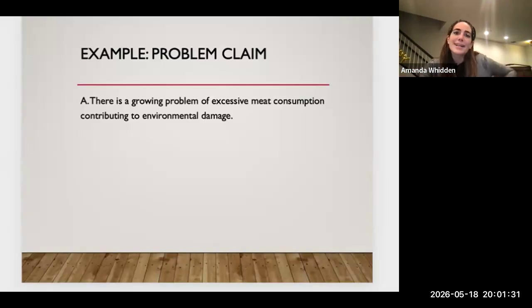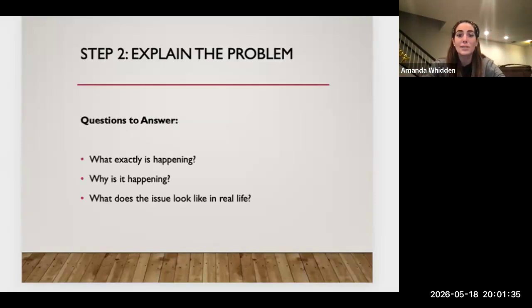After you make that claim, the next idea is to support and explain what that problem is. You want to tell us exactly what is happening. Why is that happening? And why does the issue look like this in real life? What's going on that is creating this situation to appear like this in the world around us? Think of this as your teaching step.